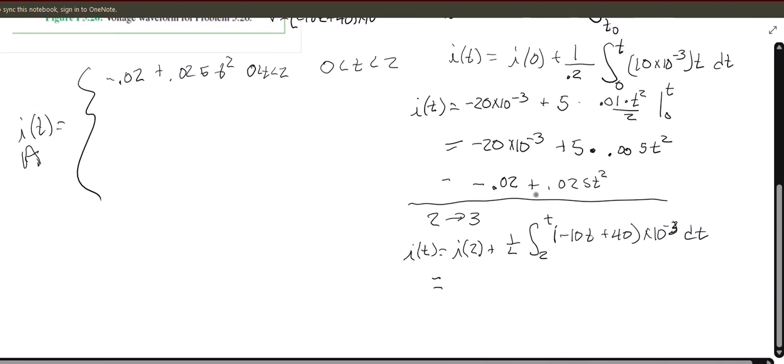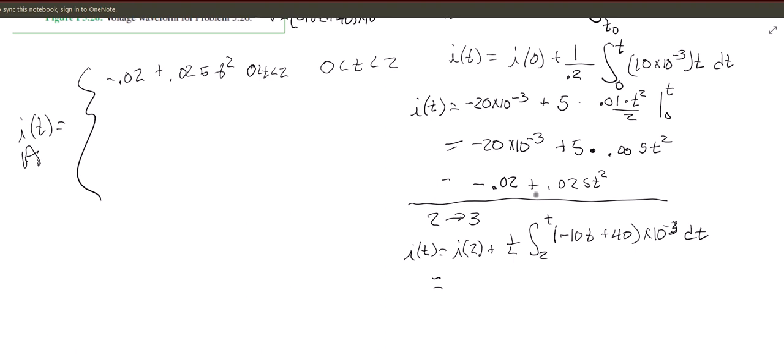I have a function for the current in the first section, all the way up to 2. So the current at 2 in this first part has to equal the current at 2 in the second part, because the current cannot change instantaneously in an inductor. Or if you looked at problem 3, I think, the current can't change instantaneously.